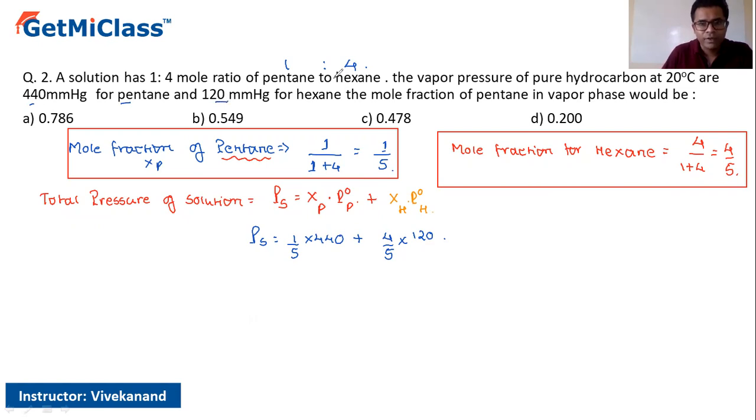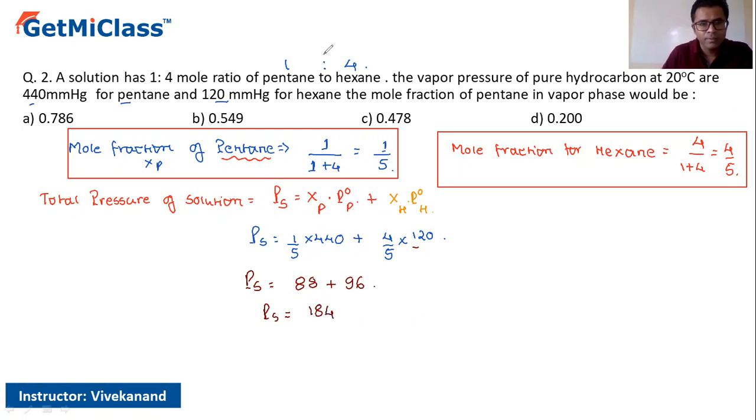Now 1/5 into 440 gives 88, plus 4/5 into 120, which turns out to be 96. Therefore, the total pressure is equal to 184.